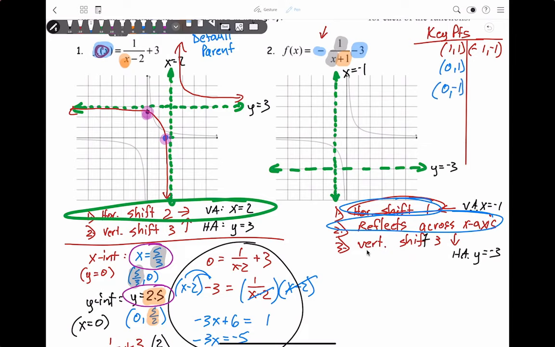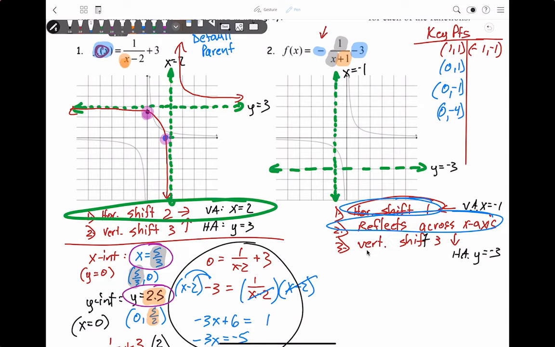And then last but not least, I'm going to shift downward by 3. So when I shift downward by 3, this point is going to become 0, -4. So 0, -4.